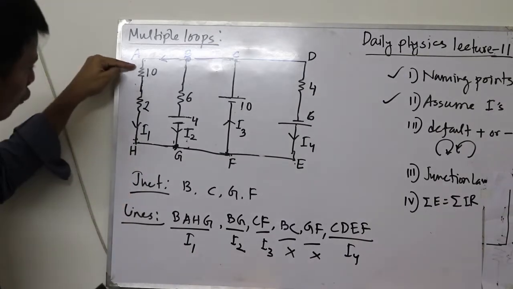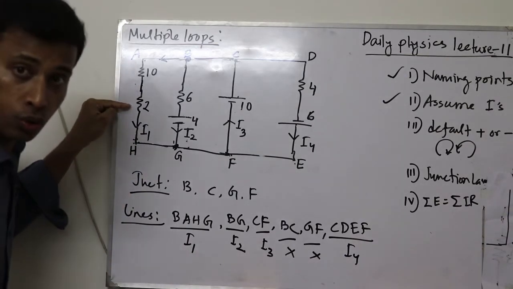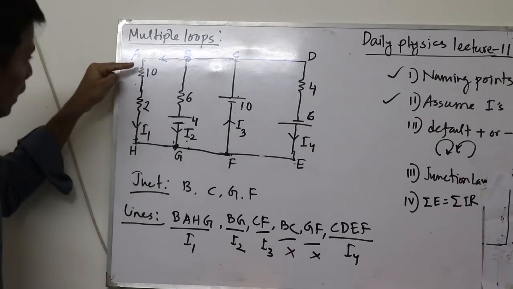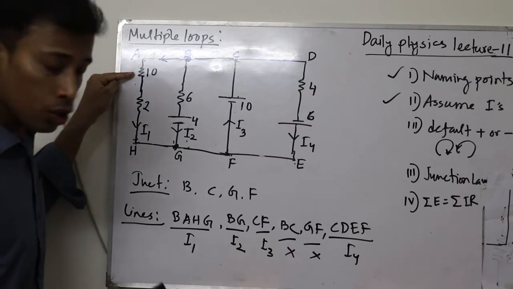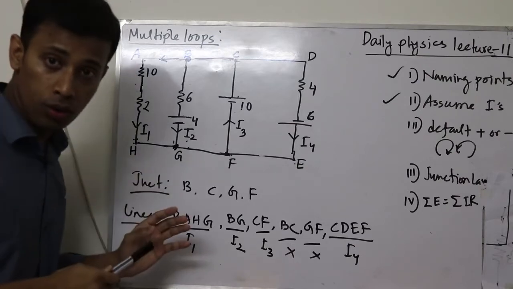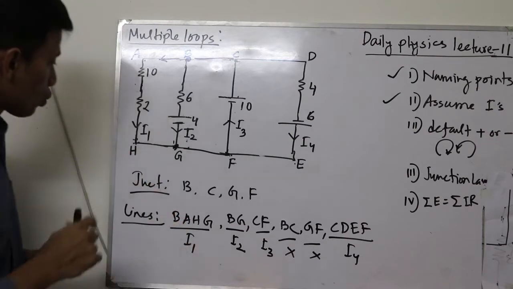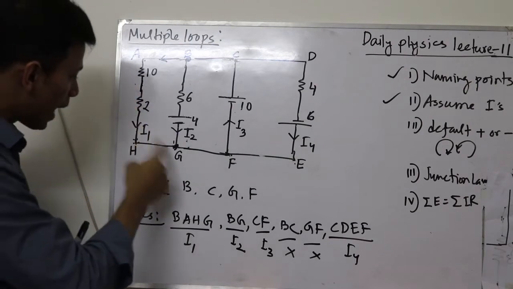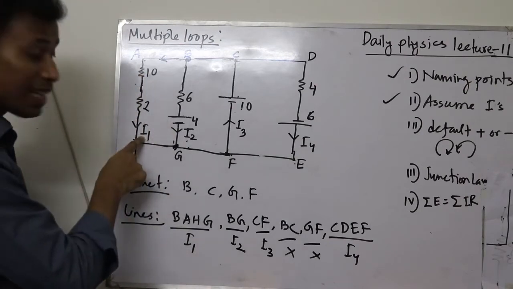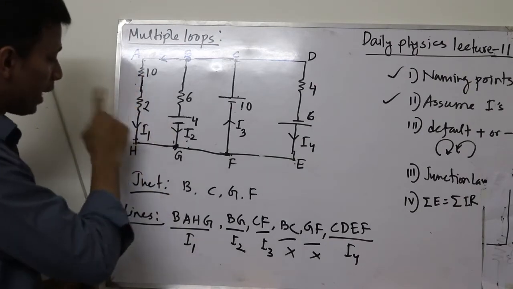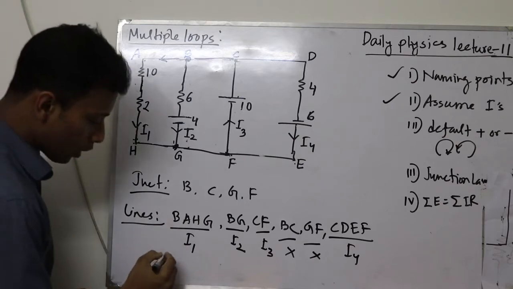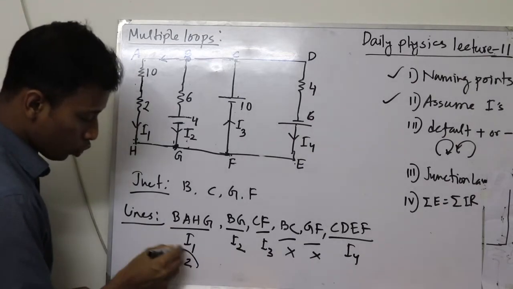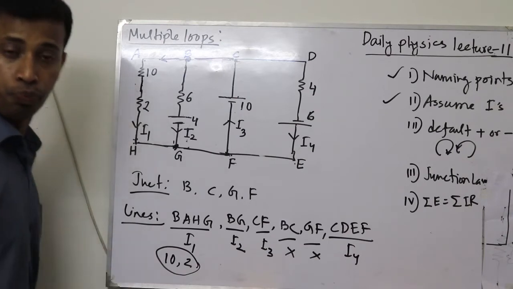The current which flows through 10 will also flow through 2 ohm, right? So this I1, the current flow through BASG, will flow through 10 and 2. So I1 will flow through 10 and 2.